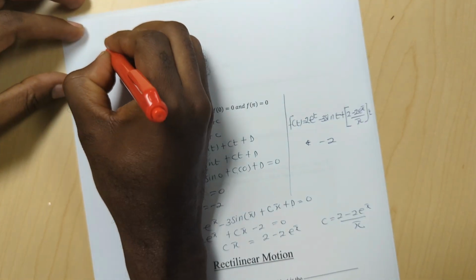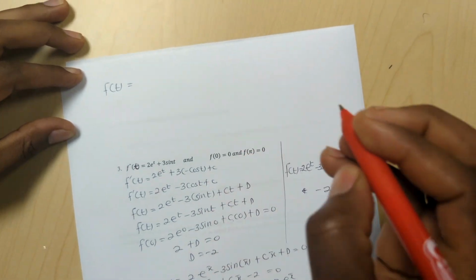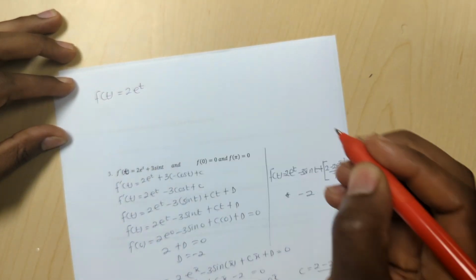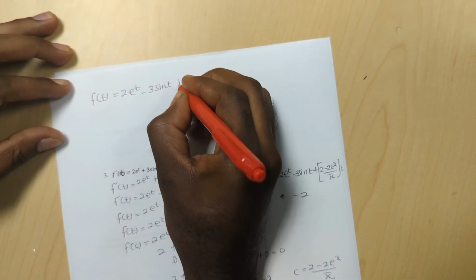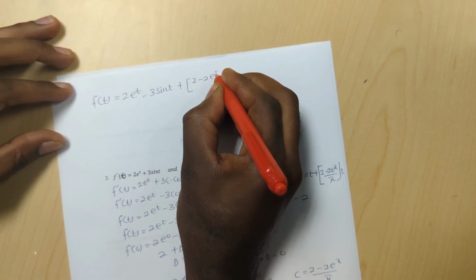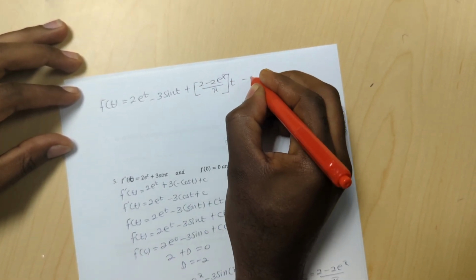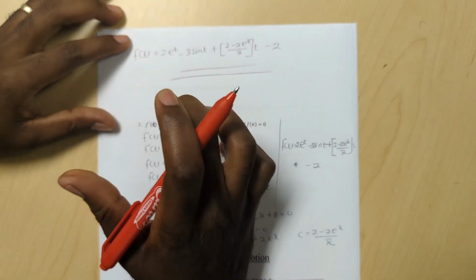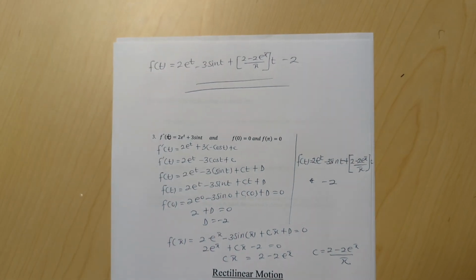Let's rewrite it here very well. Our f of t will be equal to 2e exponent t minus 3 sine t plus 2 minus 2e exponent pi all over pi t minus 2. Then this becomes the antiderivative of the second differential of that particular function.